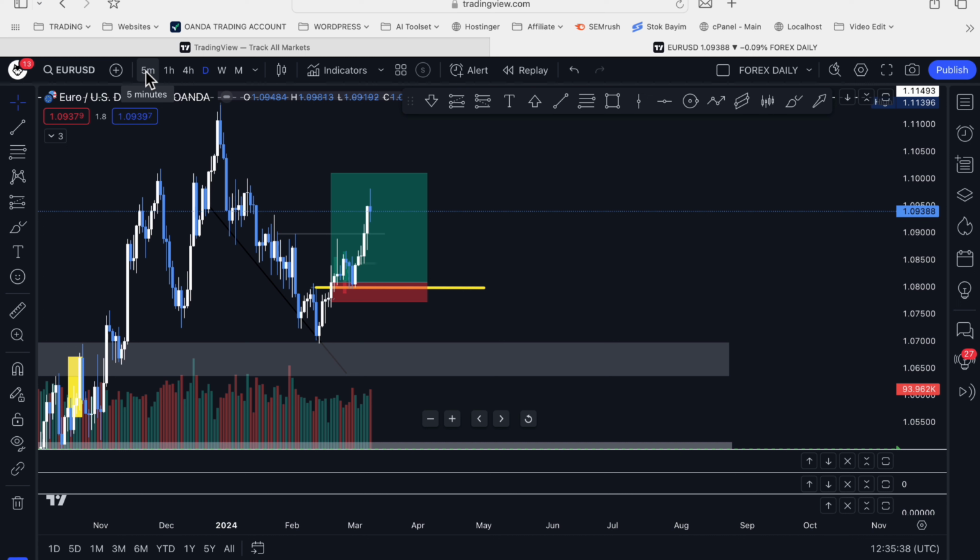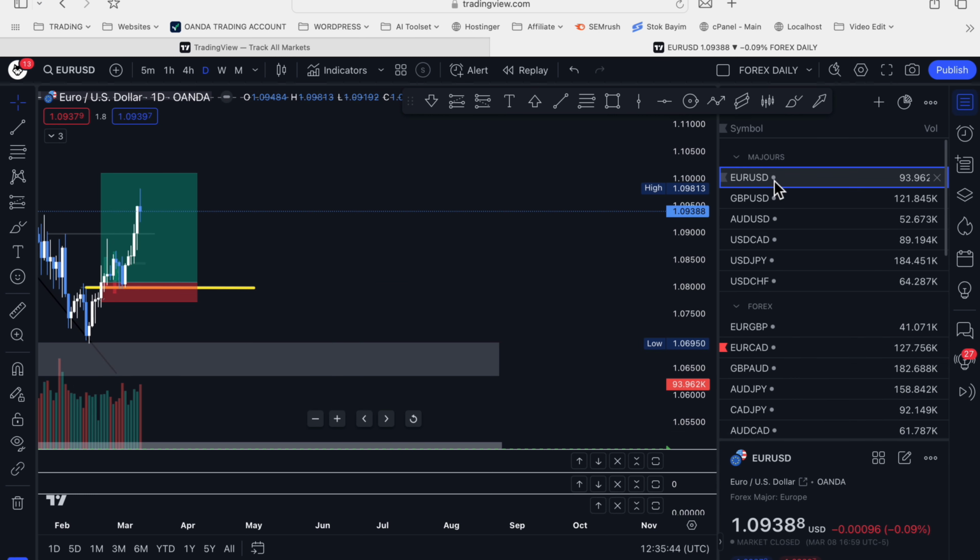So here we're on the Euro USD. If I come across here to this little icon, I've got the 6 major pairs here. In this column here, I have the 6 major pairs. I tend to only trade these.